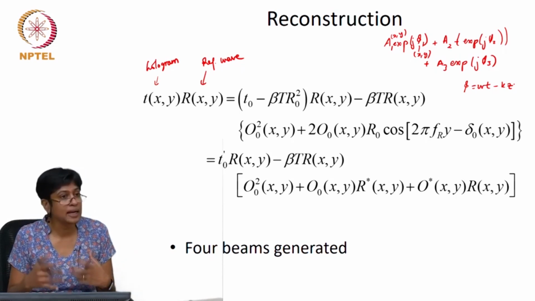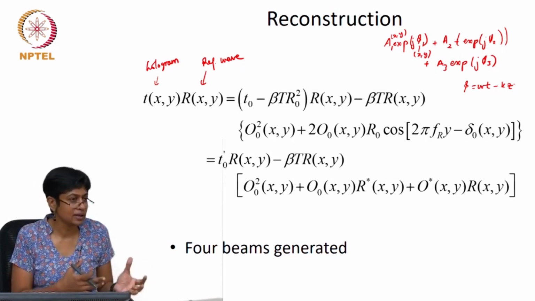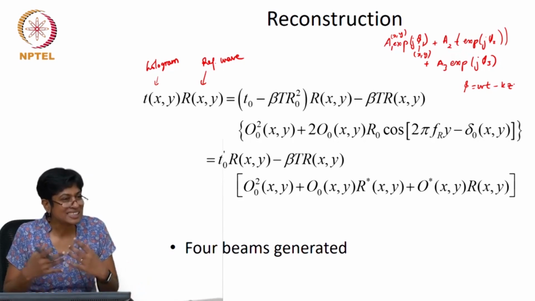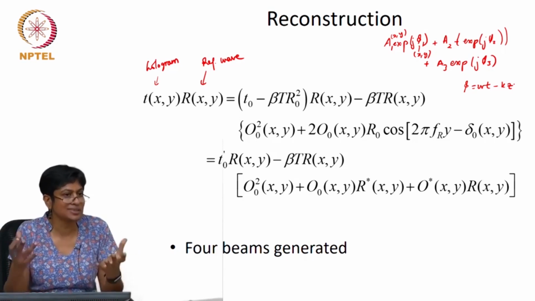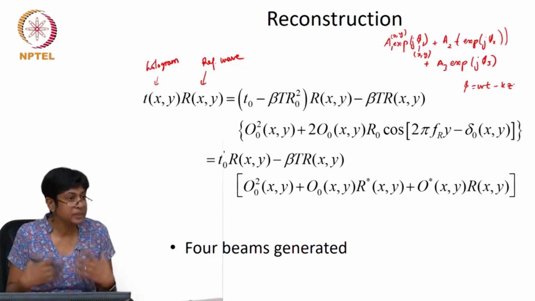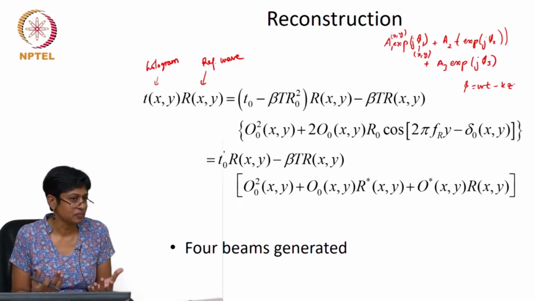So, what happened when I multiplied the hologram with the reference beam? Since its transmittance was a sum of several terms, the multiplication also resulted in the sum of several terms. Optically, what does that mean?